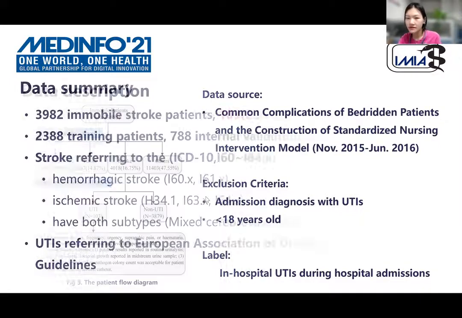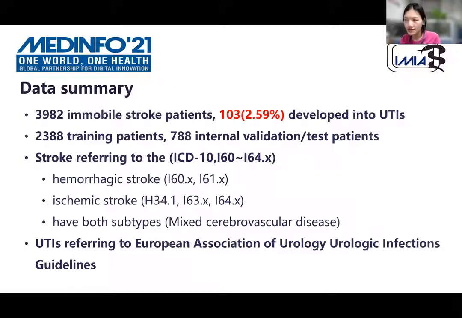Specifically, we defined stroke referring to ICD-10, and the stroke patients in this study were further categorized as hemorrhagic stroke and ischemic stroke according to ICD-10. Also, for patients who have both subtypes of stroke mentioned above, we called them mixed cerebrovascular disease, another subtype.